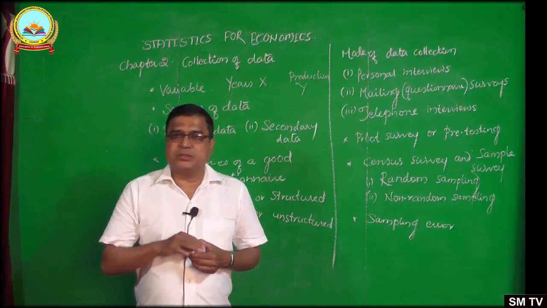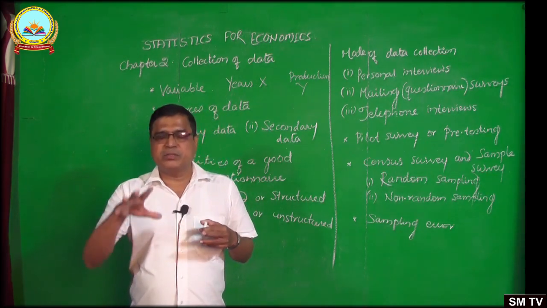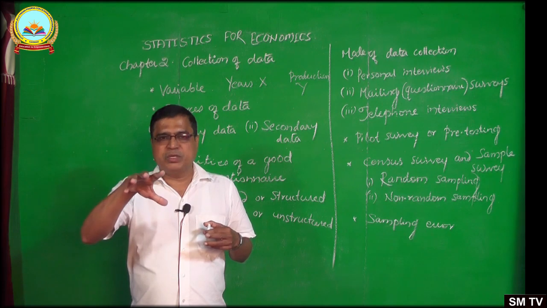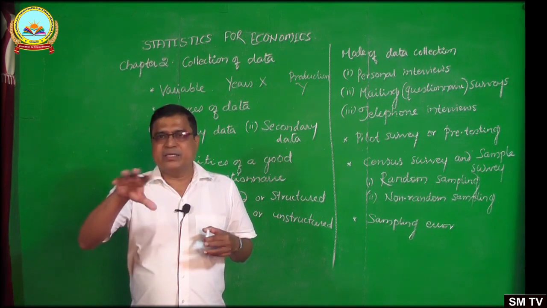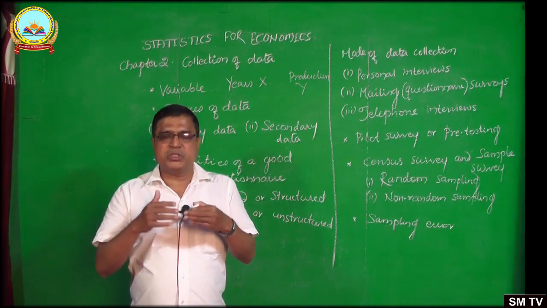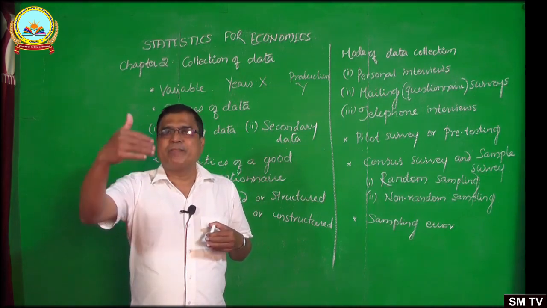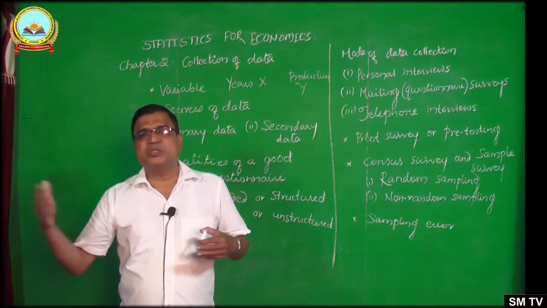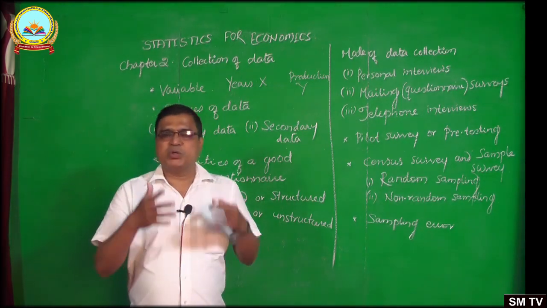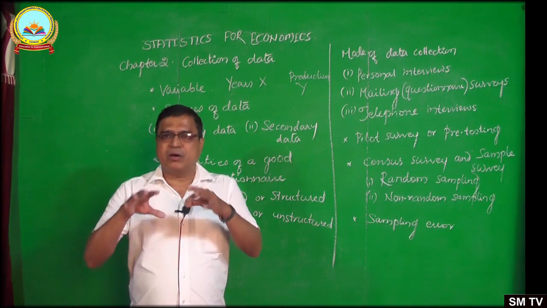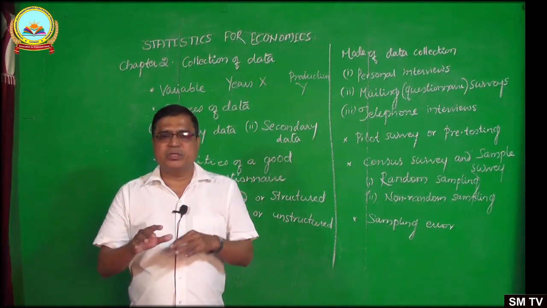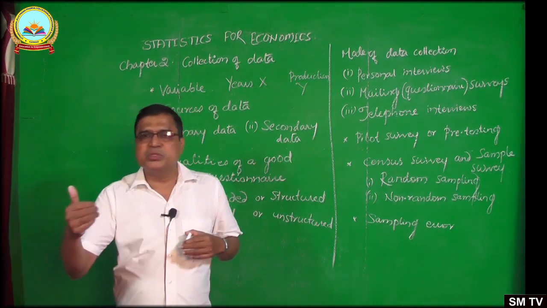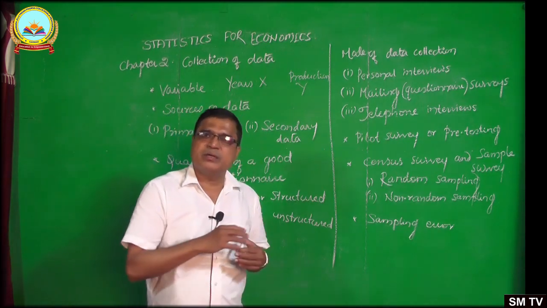And the question should be clear in the sense that the questions should lead to the fulfillment of the purpose of the survey. The questions should get all the information so that the enumerator can use those questions in an easy manner.